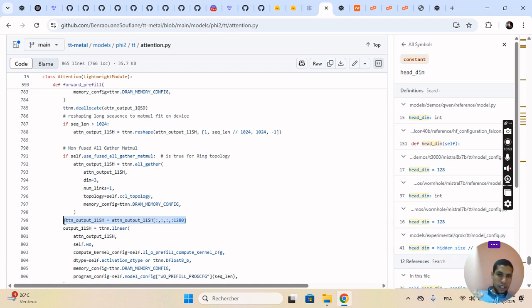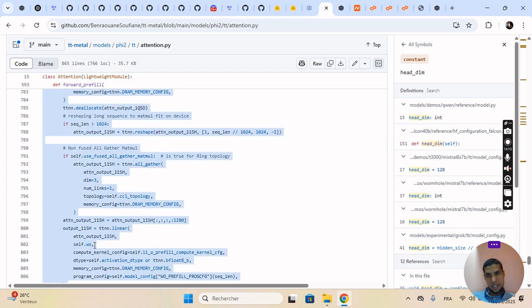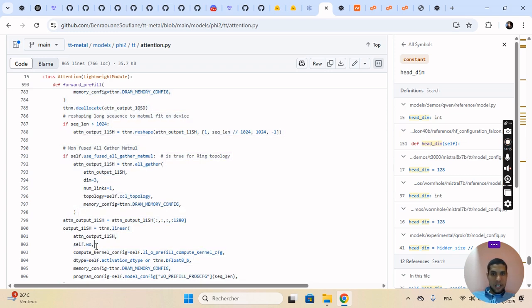The width of the first input tensor needs to equal the height of the second tensor, which is the dense width.